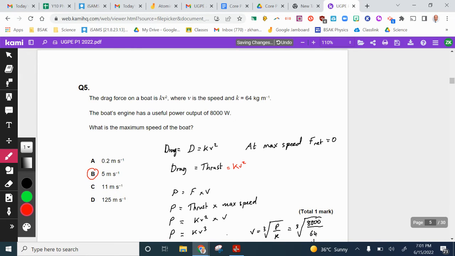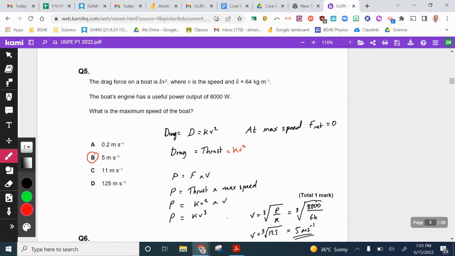We also know that power is linked to force by power equals force times velocity. The driving force is the thrust, and that's equal to the drag. So it'll be the thrust multiplied by speed. We're looking at the maximum speed, so when we reach top speed, it stays at top speed, a constant value.